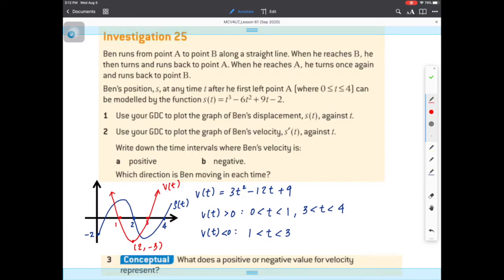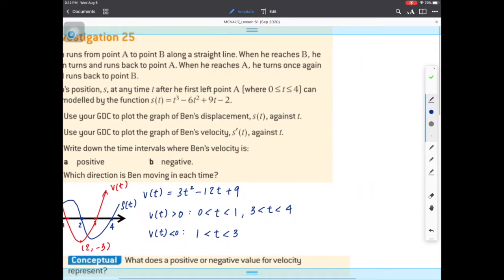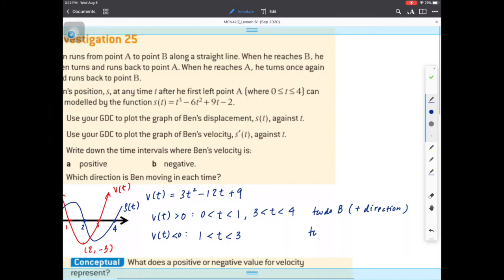Which direction is Ben moving in each time? When he has positive velocity, he is moving towards point B, i.e. the positive direction. And when velocity is negative, he's moving towards point A in the negative direction.